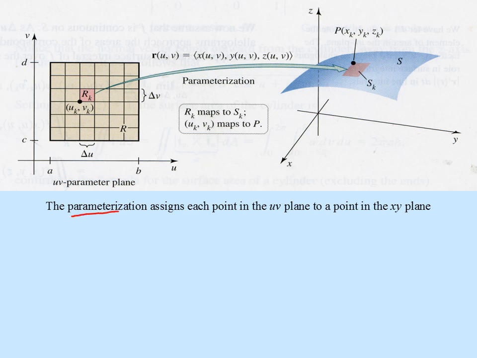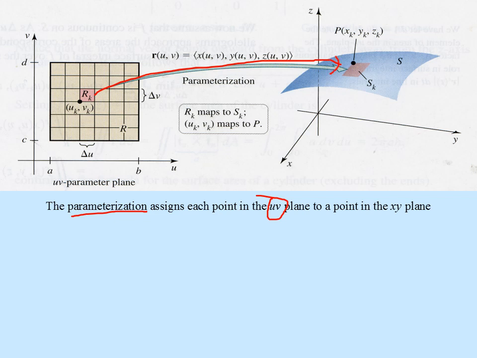If we have a parameterization where we have u's and v's, we're simply mapping points in the UV plane to points in the XY plane.